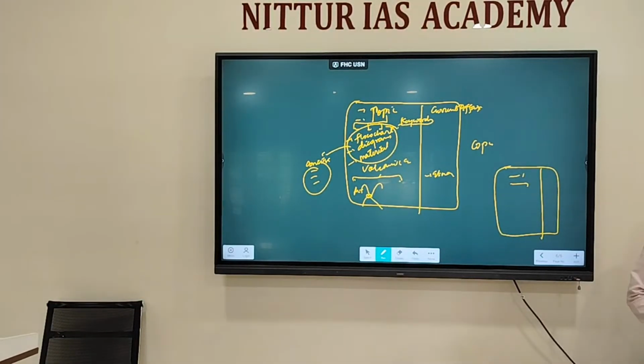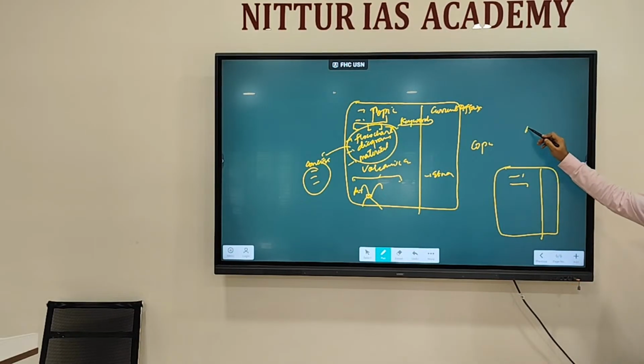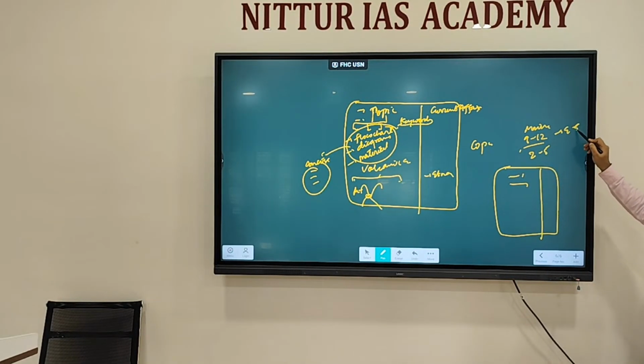Make a note like it should be revision notes when you are going for the examination. It is easier to revise quickly. Clear? For example, in the mains examination you don't have time. Let's say one shift you are writing 9 to 12, then in the second shift you'll be writing GS paper 1, GS paper 2, and then the next day again 9 to 12 and 2 to 5 you have to write GS paper 3 and GS paper 4.